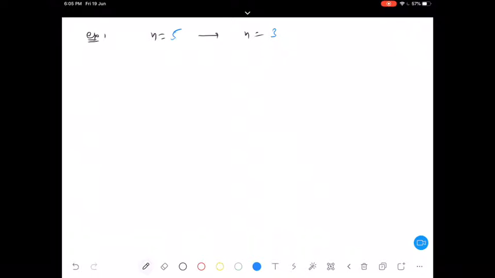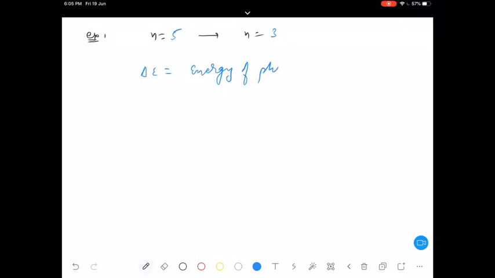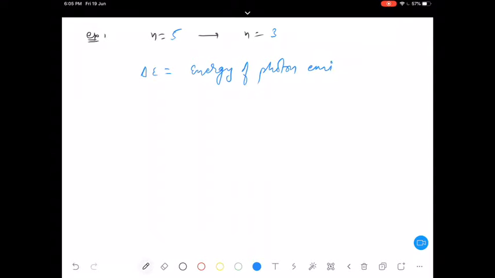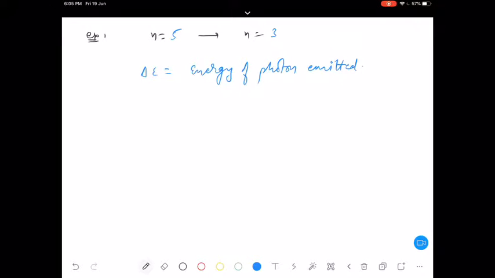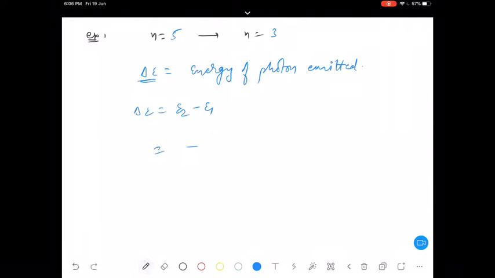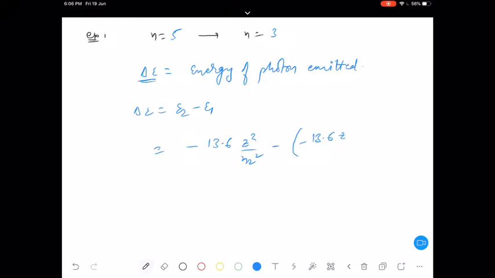Here the energy difference we need to define, delta E, will be the energy of the photon emitted. Is that correct or not? Correct only. So this delta E I need to define. This delta E will be E2 minus E1, and that I can write as E2 minus 13.6 Z squared by n2 squared minus of 13.6 Z squared upon n1 squared.